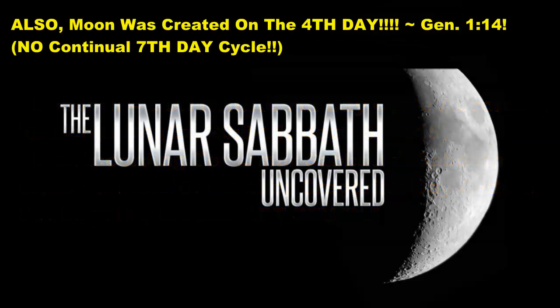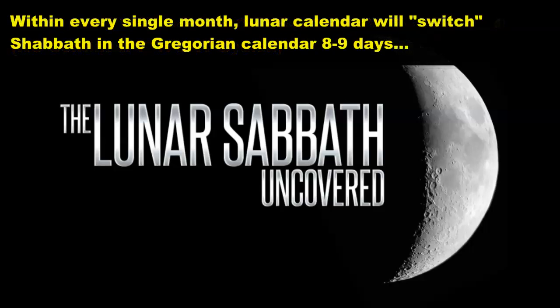So there's no continual seventh day that way. And not only that, but as we've just proven and shown to you, the lunar Sabbath switches every month. So within every month, there's going to be an eighth day added per month. So every single month, there's going to be 8 or 9 days throughout the week where the Sabbath will be observed every 8th or 9th day of the month.